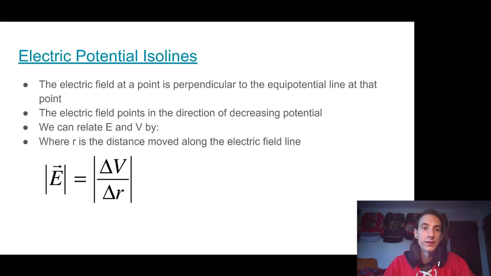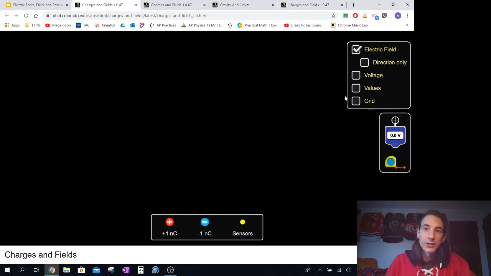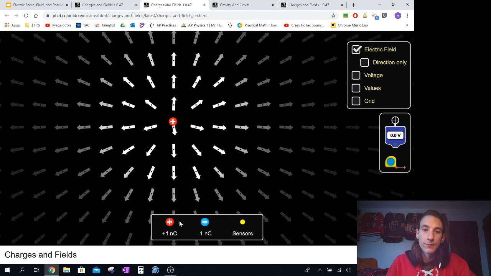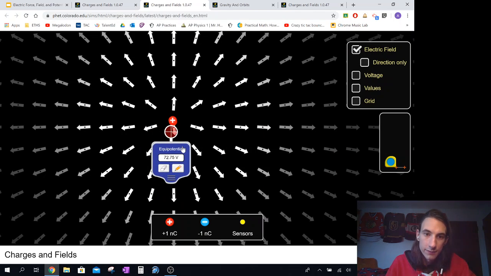So just some final things. If we look at any situation, let's set up a few of these. We can use this little tool to help us actually mark isolines. Let's try to get a nice even spacing.